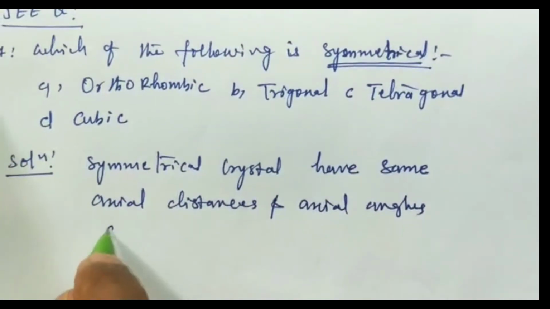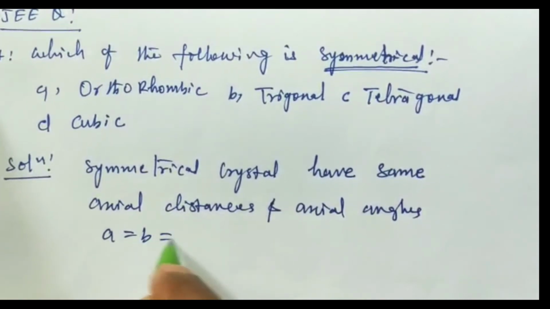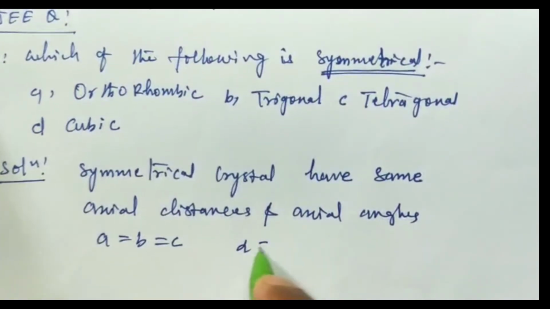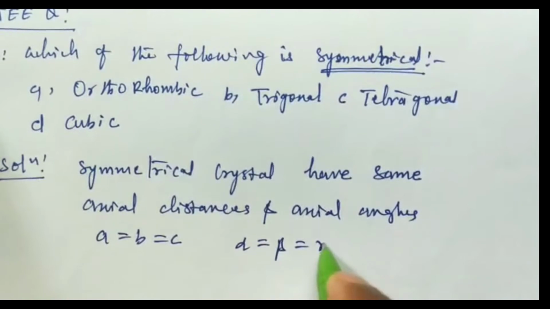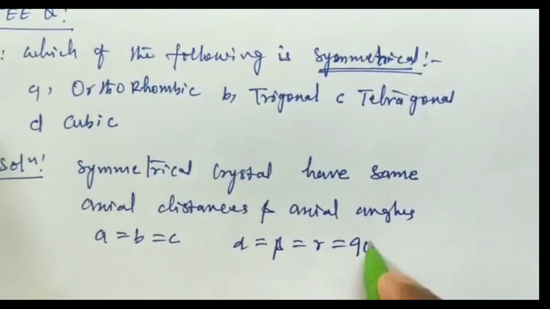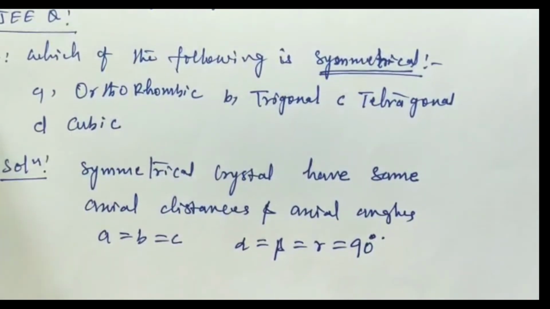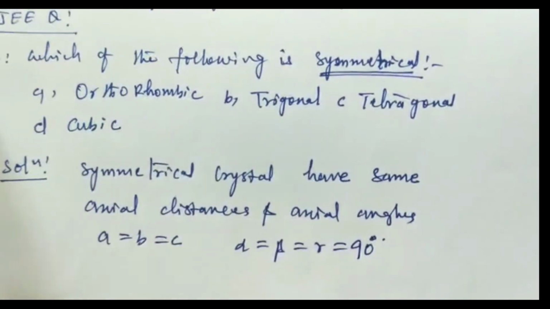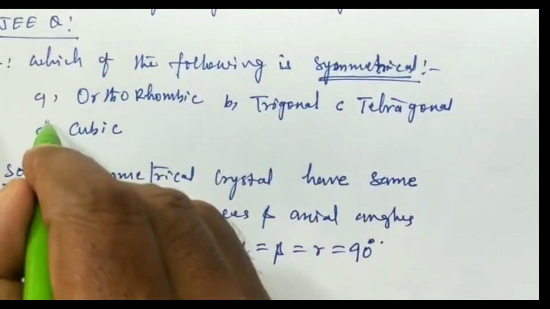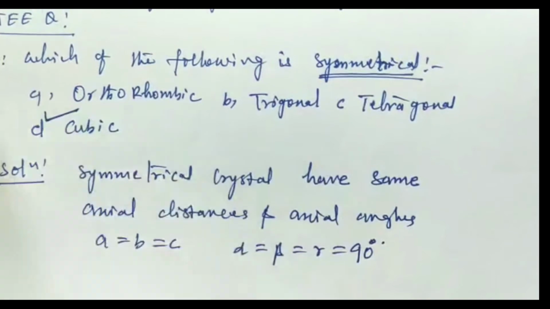So a is equal to b is equal to c, and alpha is equal to beta is equal to gamma is equal to 90 degrees. So in the given options, cubic is symmetrical. You have to tick it.